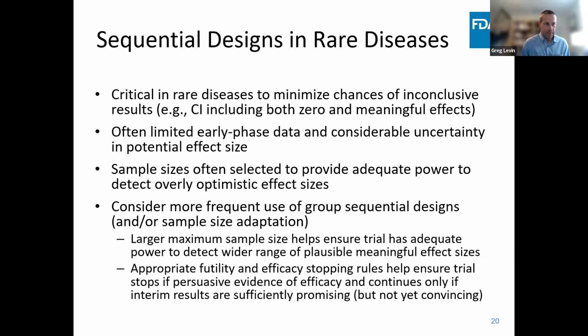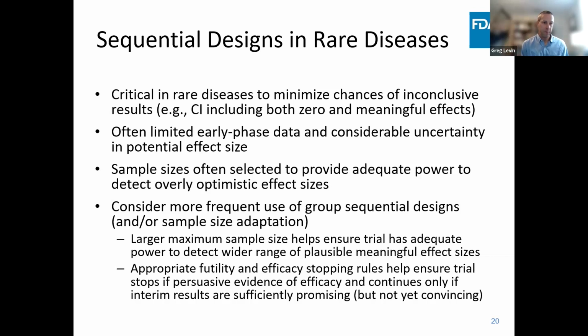So I think this is a really ripe space for the use of group sequential designs and/or designs that incorporate sample size adaptation that allow the possibility of the trial proceeding to a larger maximal sample size, to ensure that the trial not only has power under the initially hoped for effect size, but also would have at least some degree of power under smaller effect sizes that are probably plausible and would still be quite meaningful to patients and to public health.